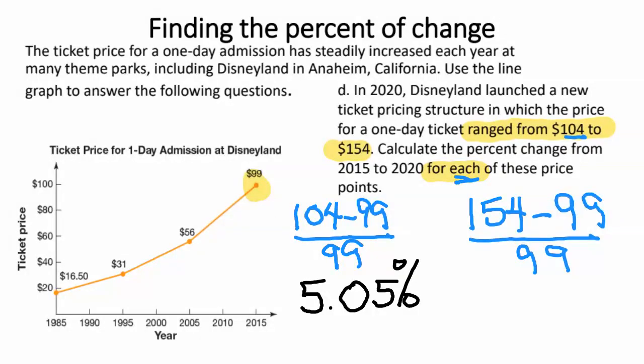I am getting 55.56%. I get a range. I have 2 different percentages.